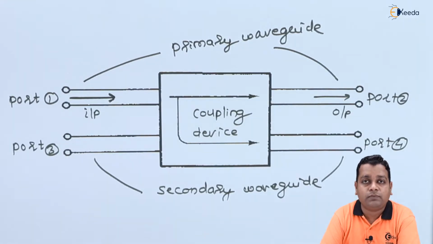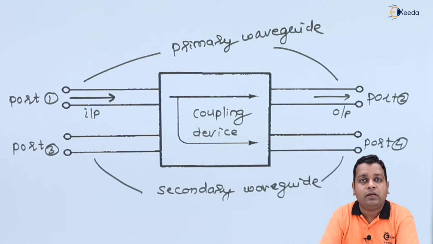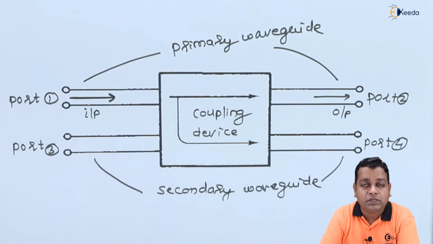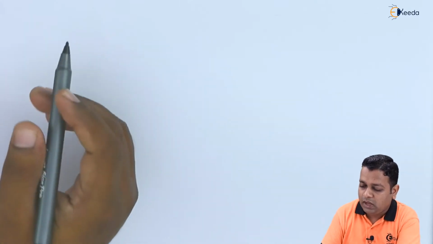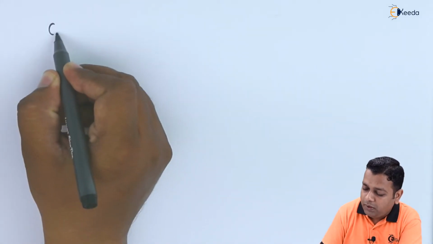Now let us define the two parameters that will measure the performance of this directional coupler. So the performance metrics for the directional coupler can be of two types. As the name directional coupler suggests, first of all we have the coupling factor.